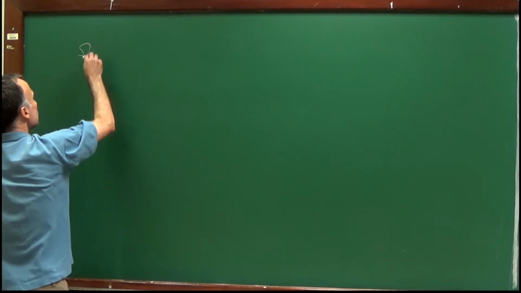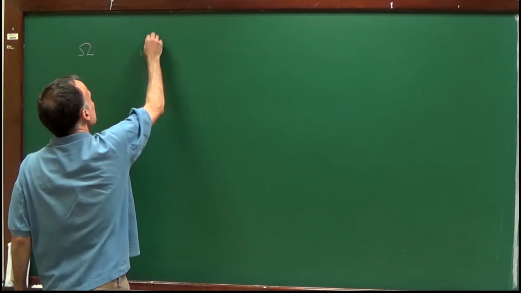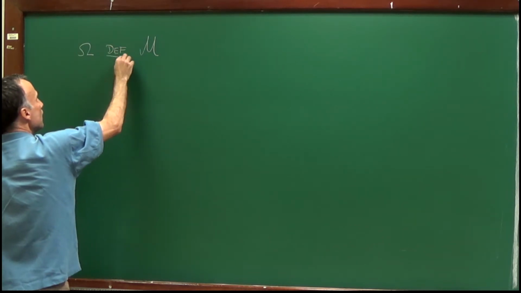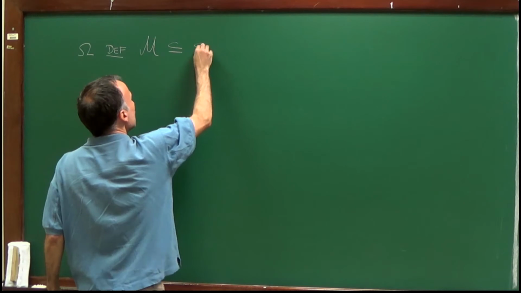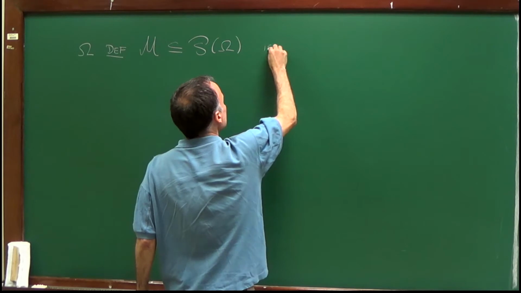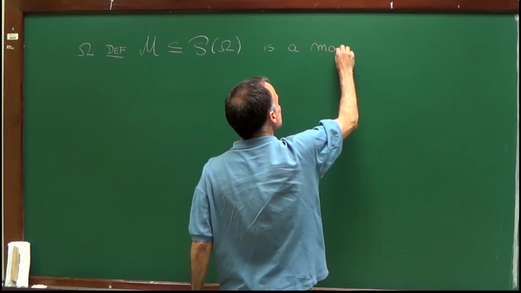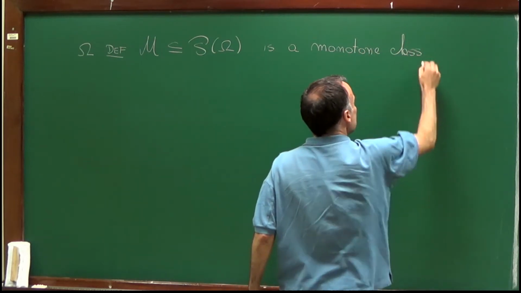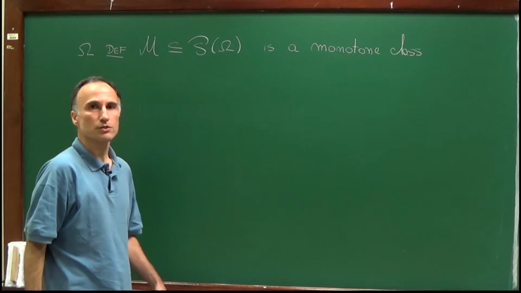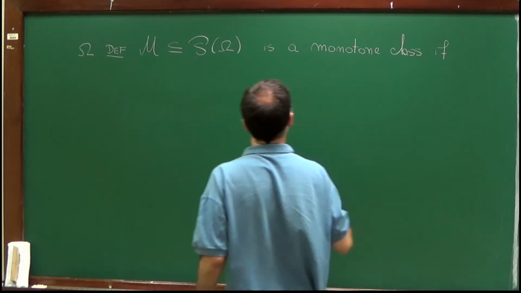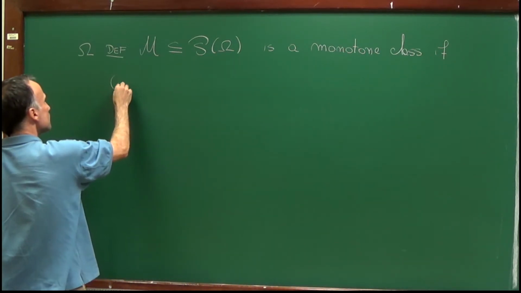Let's fix a set omega of points, and we will say that a class M of subsets of omega will be called a monotone class if it's closed by monotone sequences of sets, which means that it fulfills two properties.